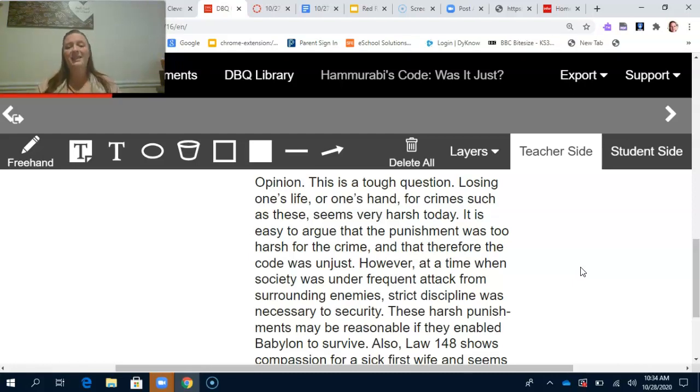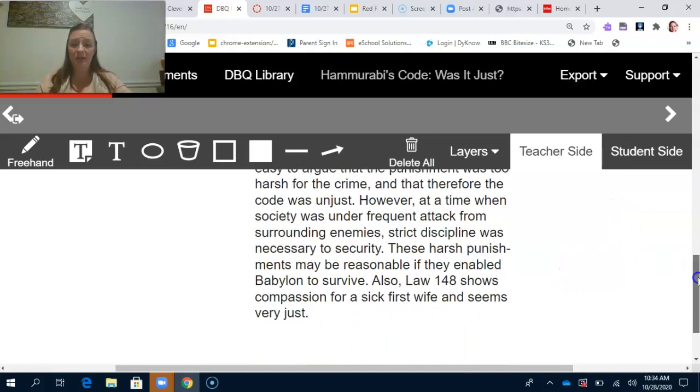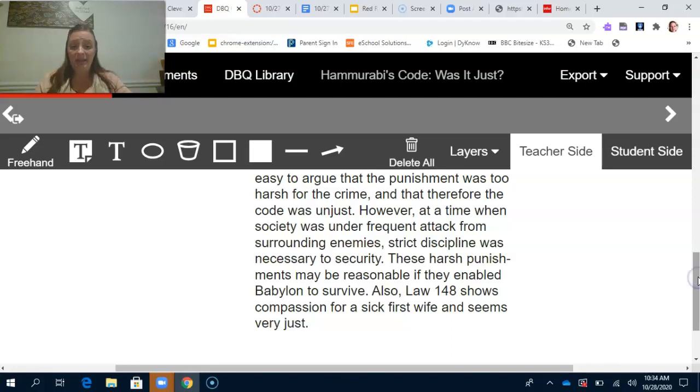However, this is a time when society was always under attack. So civilizations always had the threat of being invaded or having something bad happen to them from the people or the communities that surrounded them. And so having harsh punishment, or having strict discipline, was necessary for the security of society as a whole.